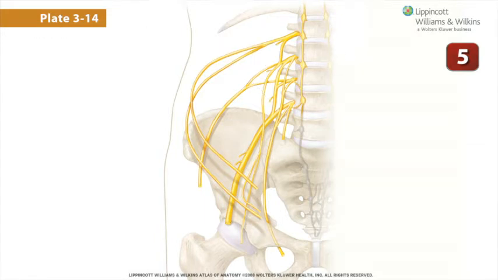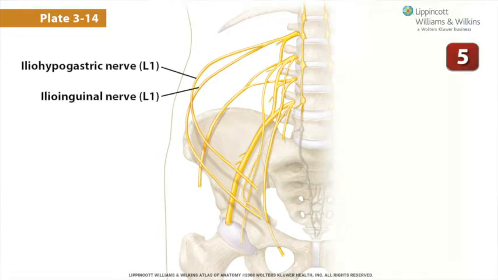The first branches of the lumbar plexus, which are both derived from L1, are the iliohypogastric and ilioinguinal nerves. They often emerge from the lateral side of the psoas major as a single trunk that splits distally. The iliohypogastric nerve runs superior to the ilioinguinal nerve across the posterior abdominal wall.